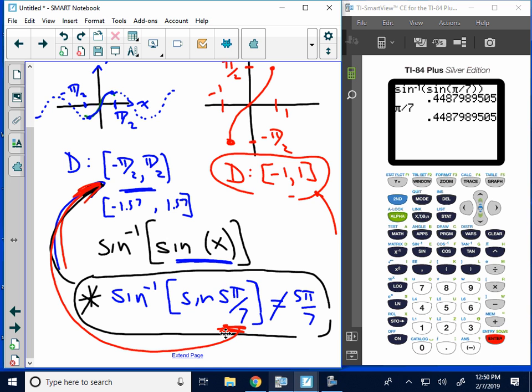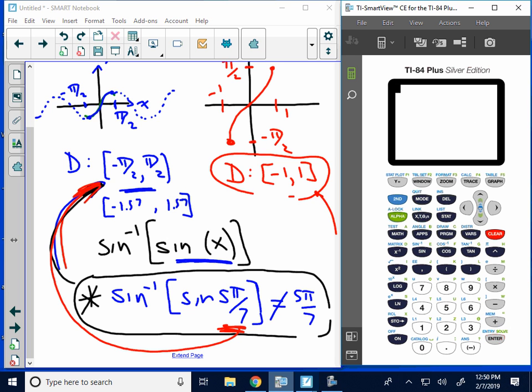So if I tried this on the calculator and I said, Mr. Calculator, what is the sine inverse of the sine of 5 pi over 7, it's going to come back with a number. I'm not surprised about that. Oops. What doesn't it like? Go to my error. Oh, 5 pi over 7, Joe.